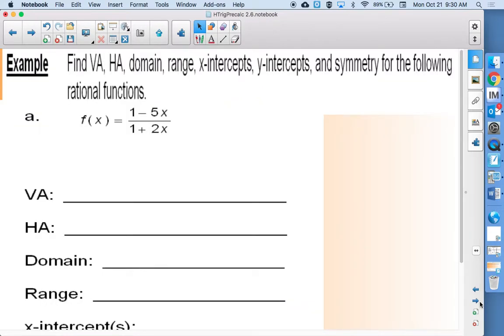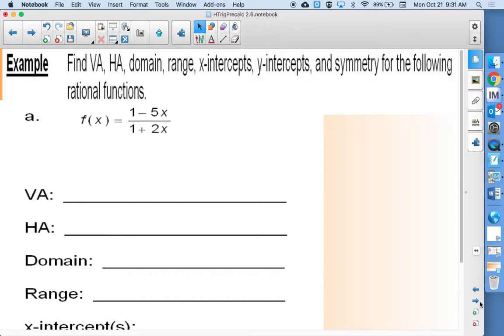there are 4 different functions for us to look at. So 4 rational functions, and this is kind of how your homework is set up tonight. It's just not neat and organized like this because the book asks you these questions, part A, B, C, D kind of thing. So find the VA, the HA, the domains, the range, the intercepts, and symmetry for the following functions.